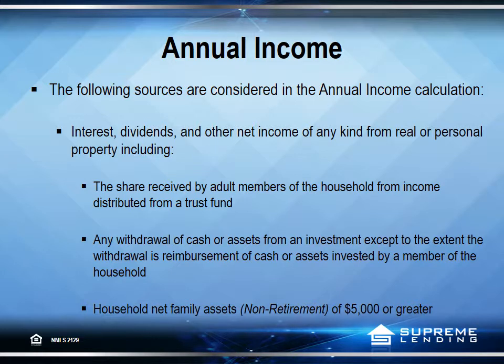Other income sources include interest, dividends, and other net income of any kind from real or personal property, including the share received by adult family members of the household from income distributed to a trust fund, any withdrawal of cash or assets from an investment except to the extent the withdrawal is reimbursement of cash or assets by a member of the household.